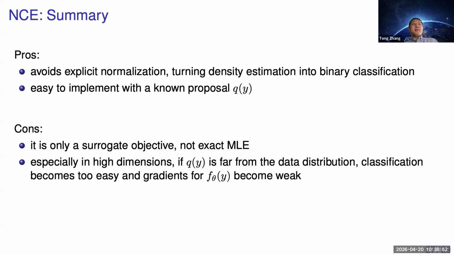The GAN has a solution with WGAN and so on, but this one comes out because it's in high dimension. It's very difficult to start with a Q, a good sampling distribution, that is not far from the data distribution. So therefore, it can be quite tricky to apply in high dimension.